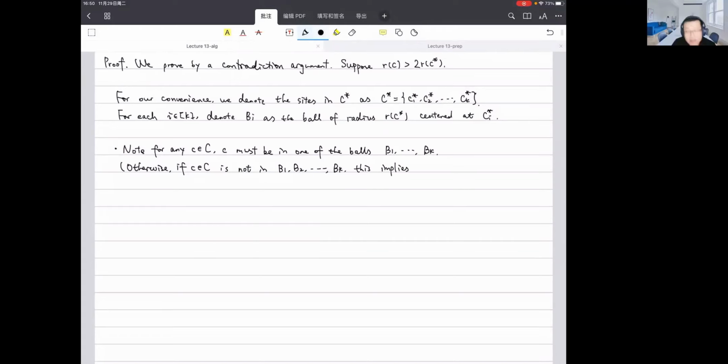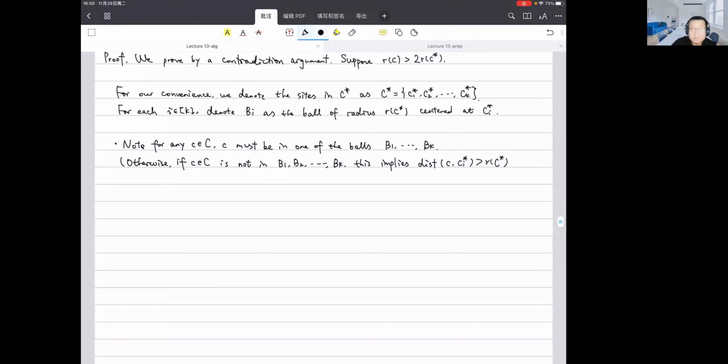Because the radius of all these balls is RC star, and the vertex c is not in any of them, this implies that the distance between c and Ci star is strictly larger than RC star, because it is not inside this ball.